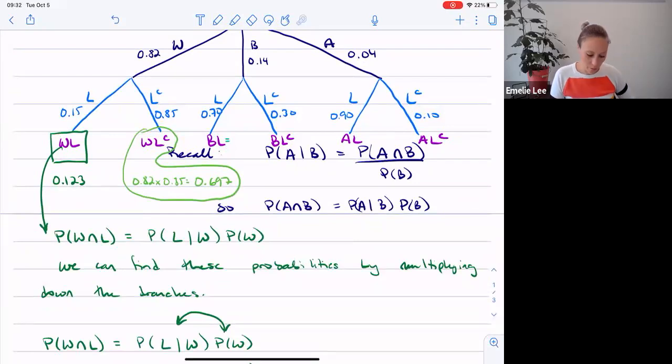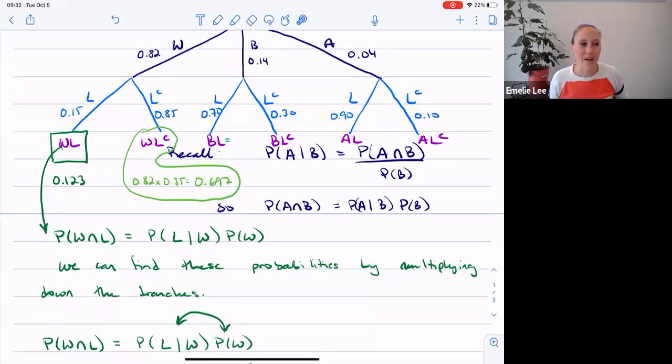Oh, so the reason that these don't add up to 1 is because now the entire range of outcomes is going to be all of these possible outcomes. And so what we're going to be checking eventually is that all of these branches add to 1, right? Because those are all the possible outcomes, or that we're assuming in this case.